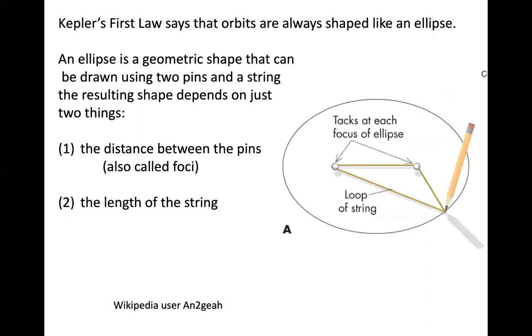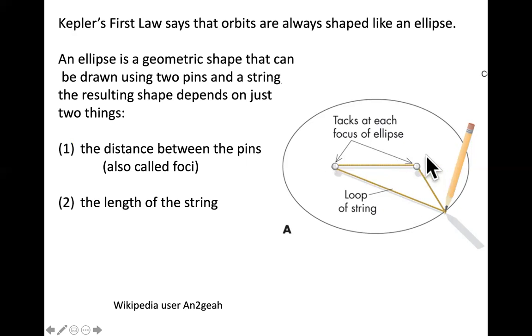So let's first consider the first rule, what's called Kepler's first law. It says that orbits are shaped like ellipses. What's an ellipse? An ellipse is a curve that is kind of like a generalization of a circle. The classic way it's laid out is that you imagine putting two pegs in a surface. It could be a whiteboard, it could be a sheet of paper or whatever.